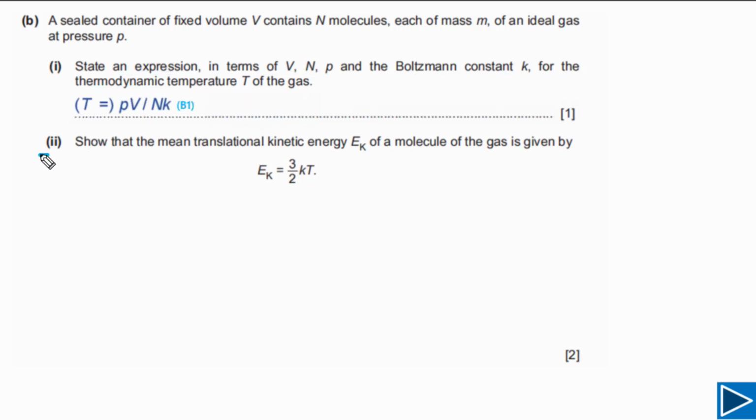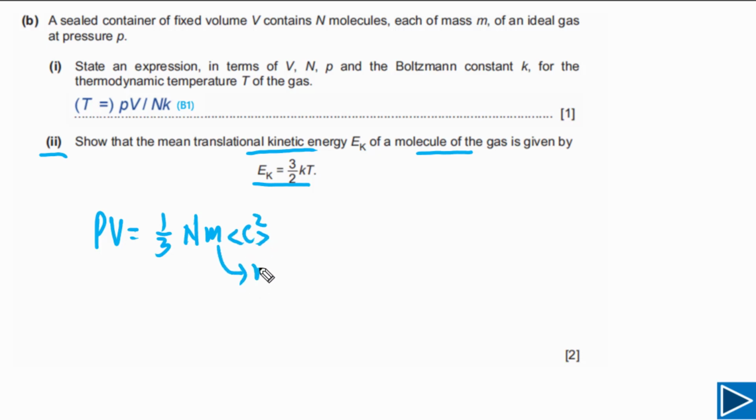For the second part, we need to show that kinetic energy of a molecule is given by this expression. So we can simply start this one from PV is equal to 1/3 Nm c squared. So this is mean square speed, and m here is mass of single molecule.